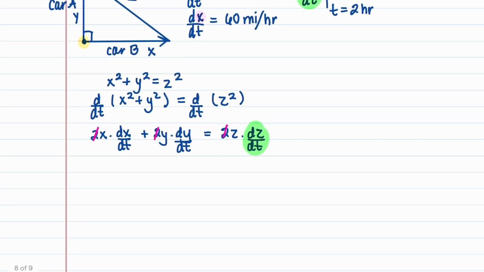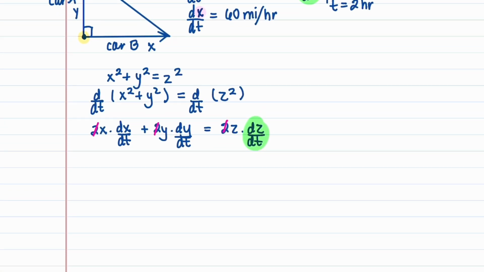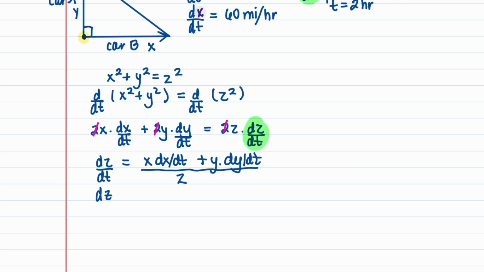So let's solve for that. We can say that dz/dt is equal to x times dx/dt plus y times dy/dt, all divided by z. We want to find dz/dt when t is equal to 2 hours.